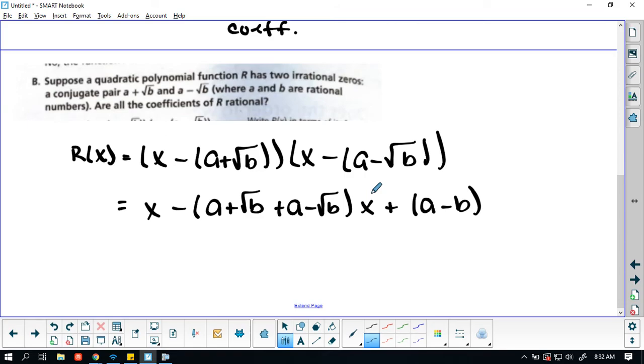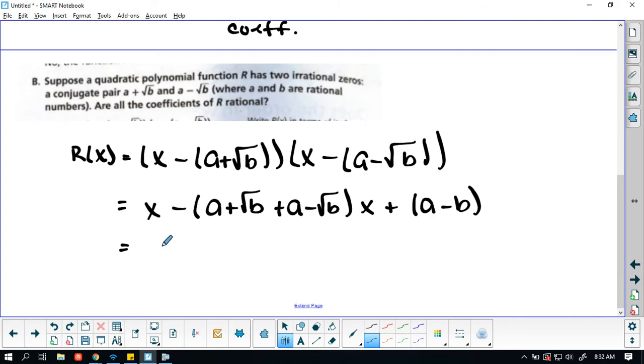All right, now looking at this, we're going to look at the middle terms, and these actually fall out. So we're going to have the middle terms falling out.